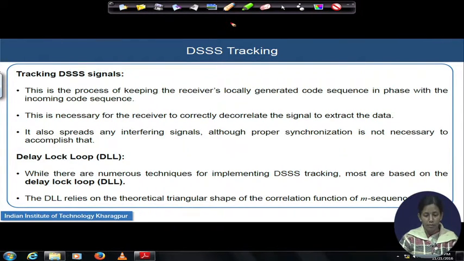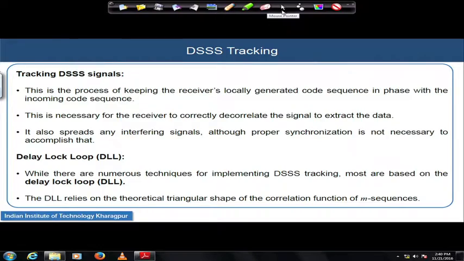So if an M sequence is used for spreading, the structure utilizes the fact that the autocorrelation of M sequences always turns out to be a triangular shape. Based on that triangular shape, the delay lock loop logic and architecture is established. Let us see how.